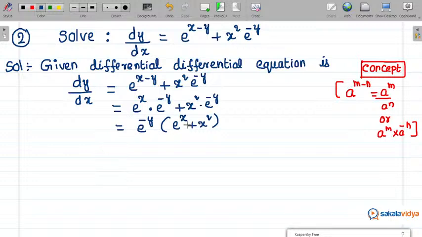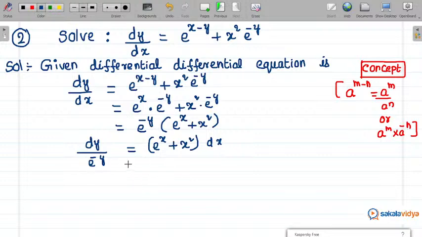So now bring e power x plus x square, cross multiply dx this side and e power minus y this side. We get dy by e power minus y is equal to e power x plus x square into dx. Clear? If you cross multiply again, dx this side, e power minus y this side.